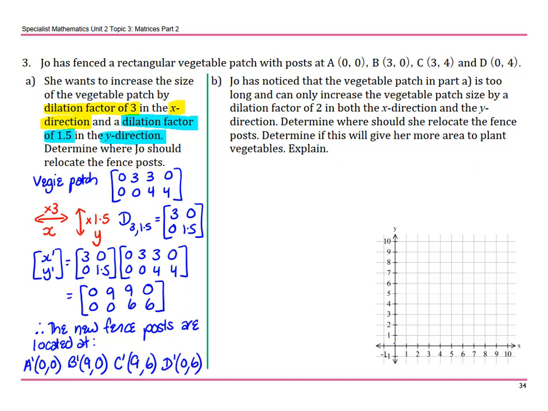So if we go to our axes and just see how that looks, I'm going to put the original on. Then let's put our change.